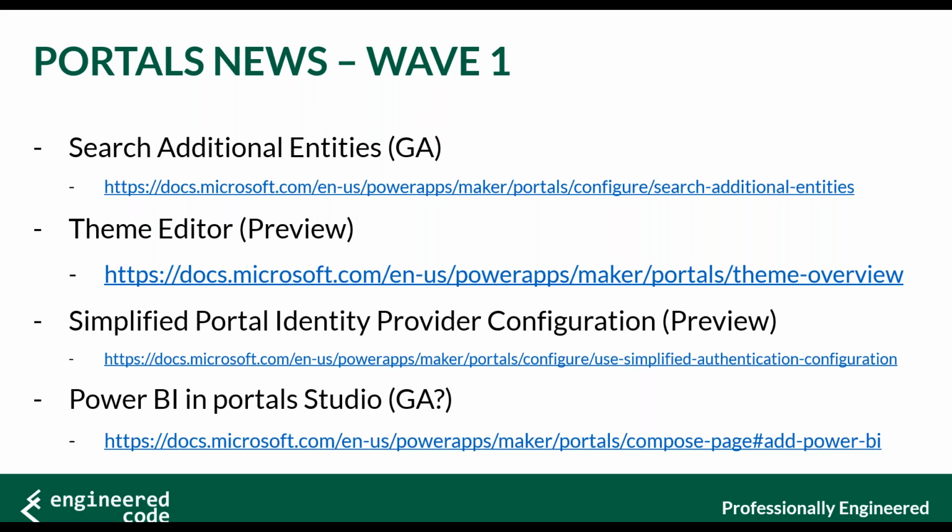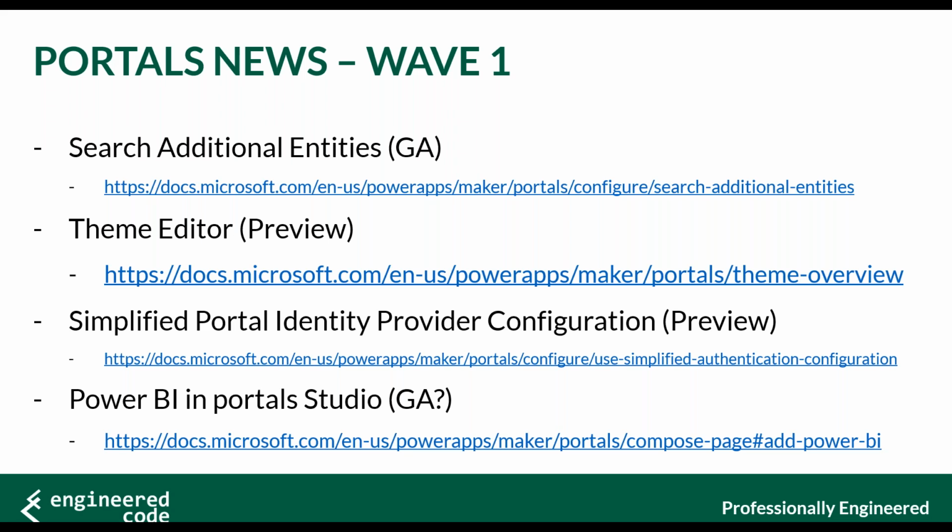The other thing that's available in preview is the simplified portal identity provider configuration. That is for configuring what authentication providers are enabled on your portal. In the past it was a setup that involved a lot of magic strings and site settings and setting up all these different things.